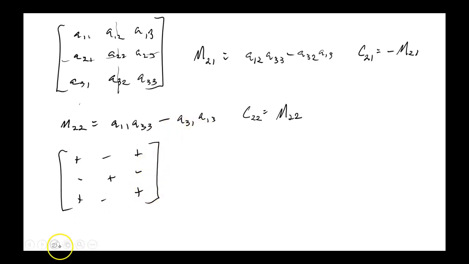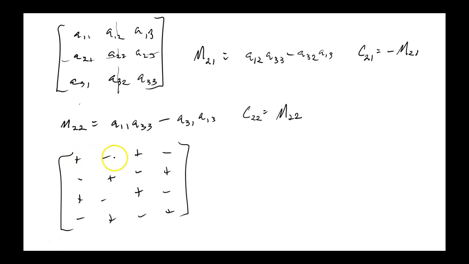Now a 4 by 4. I'm going to be very lazy here and just expand it this way. Okay, there's a 4 by 4. The pattern stays the same. Plus, minus, plus, minus, and so on. Anywhere you start, it alternates right, left, back and forth.